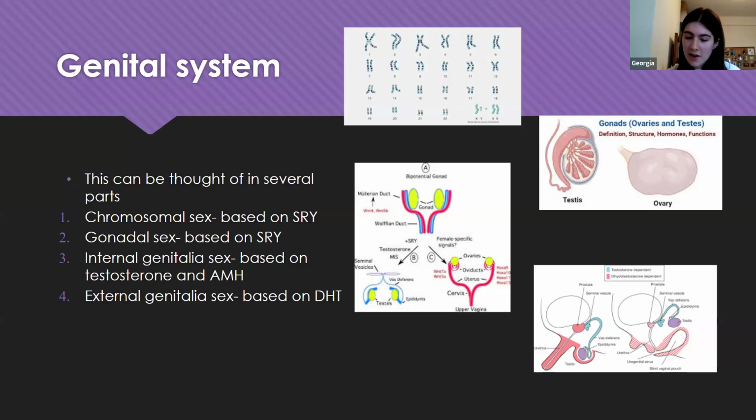Then external genitalia is also a hormone-dependent process. Now, testosterone can act as a hormone, but for many of its actions, it's actually converted into 5-alpha dihydrotestosterone by an enzyme called 5-alpha reductase, and this leads to an almost stronger form of testosterone. So for the development of penis, scrotum, and prostate, you need this strong form of testosterone to be present.